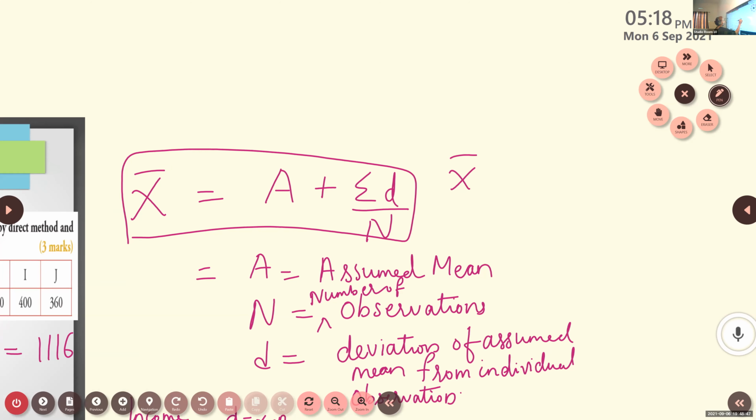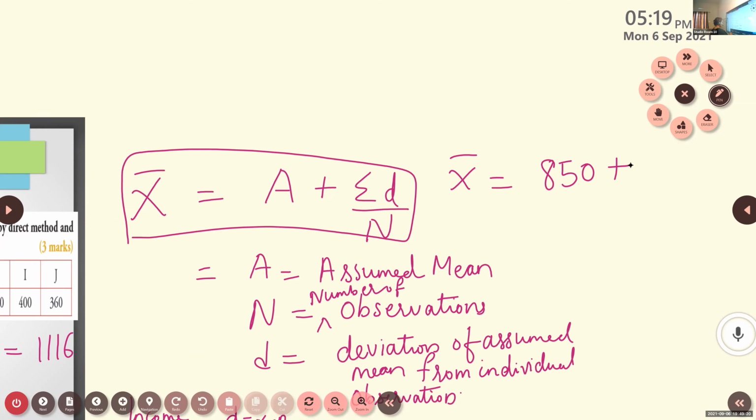So mean is equal to, what is the assumed mean? Which number we have taken? 850. Then sigma D, who got it? Kevin, did you get sigma D? Abhilash, what about you?